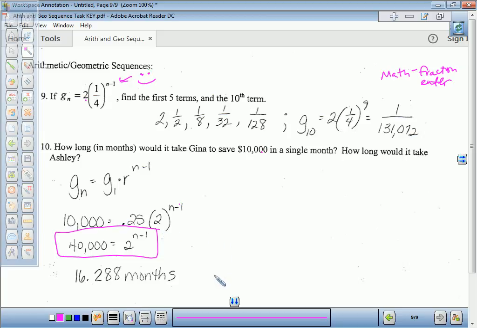We would take the log or the natural log of both sides. So we could do ln of 40,000 equals n minus 1 times ln of 2, or you could do log. They're both the same. And then the last step would be to add 1, and you're done.